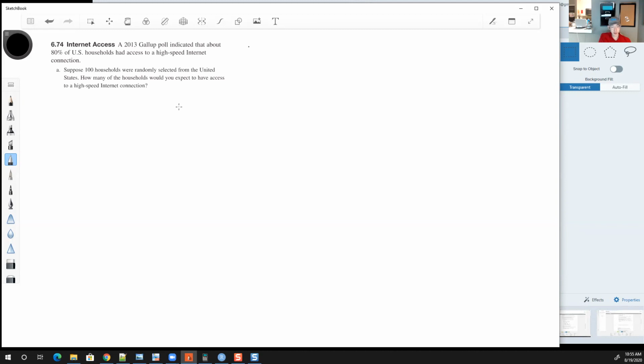Okay, so here we're going to have to assume each household is independent, but basically we have a binomial problem. The probability of high-speed internet, P, is going to be 0.8. And with 100 households, N is equal to 100. So how many would we expect? This is basically asking for the mean. The mean is going to be N times P, which is 100 times 0.8, which would be 80.